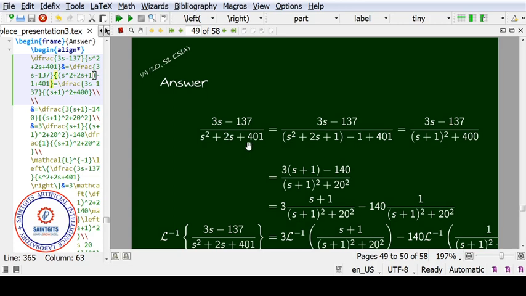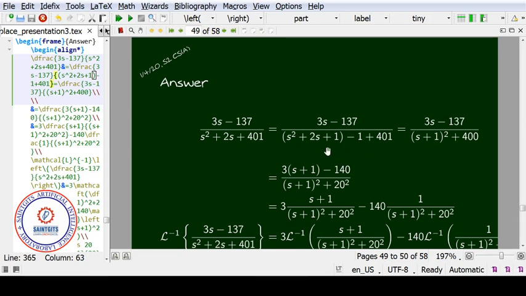In simple words, we add and subtract the square of half of the coefficient of s. So s square plus 2s plus 1, adding that square of half of the coefficient of s, then subtracting that square, that is minus 1.